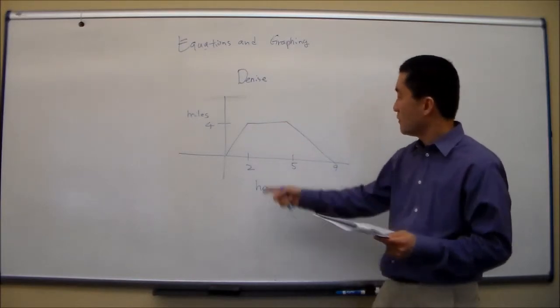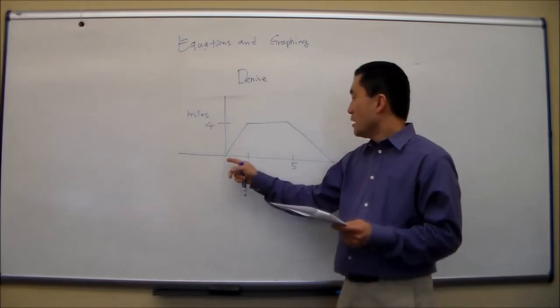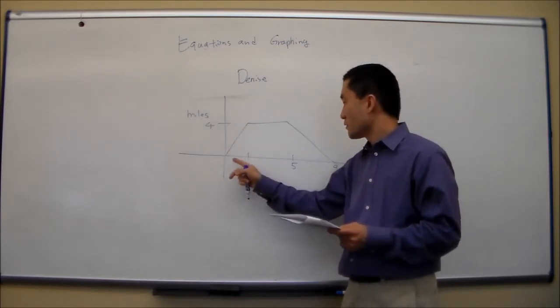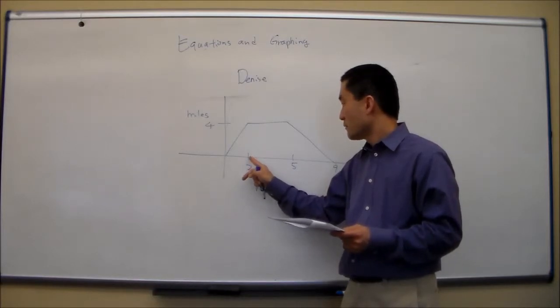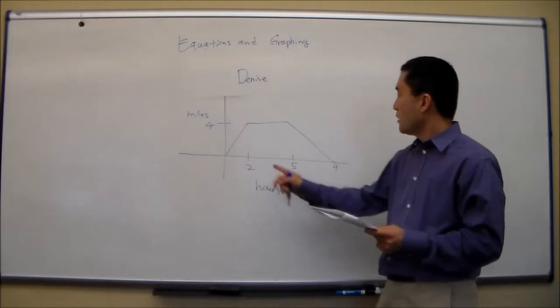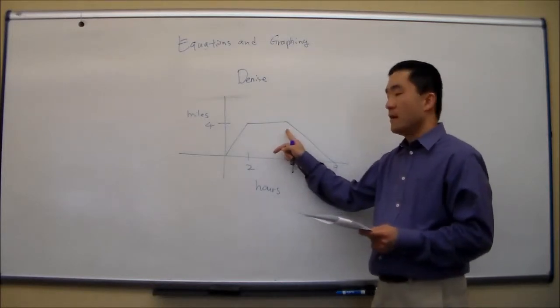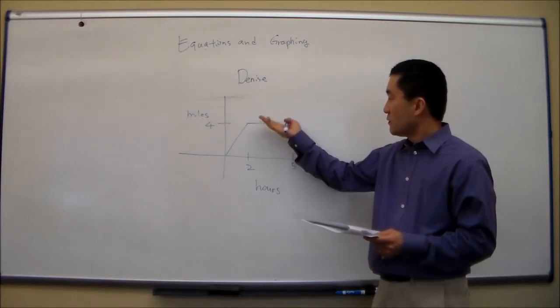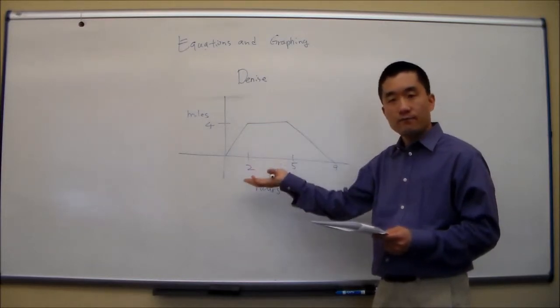Okay, so let's talk about the first part. She went 4 miles, and she took 2 hours to do so. That's the intersection of 2 hours and 4 miles right here. Between hours 2 and 5, what did she do? Well, she didn't make a move. Distance-wise, she didn't go up or down.